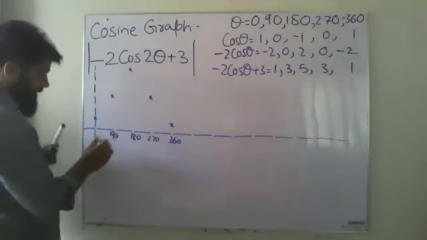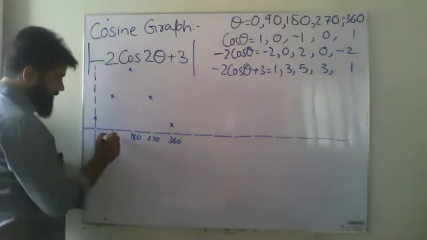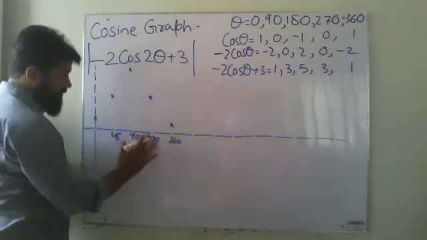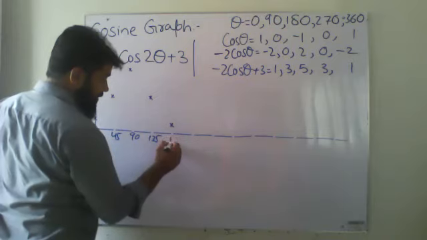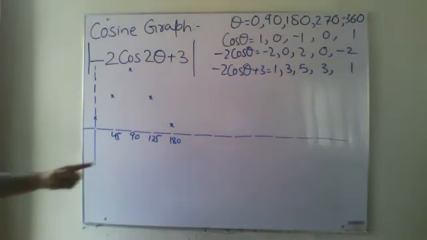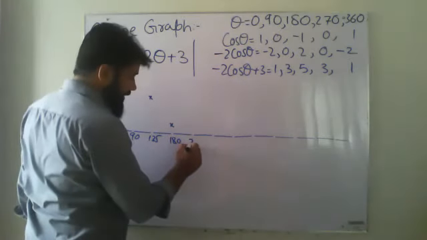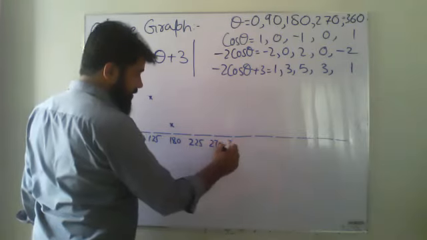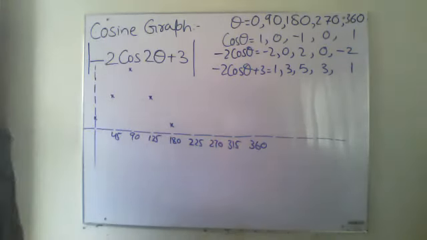2 cycles are given. So first of all, 90 will become 45. This will become 90, 135, and 180. A difference of 45 is going on. So 225, 270, 315, 360.